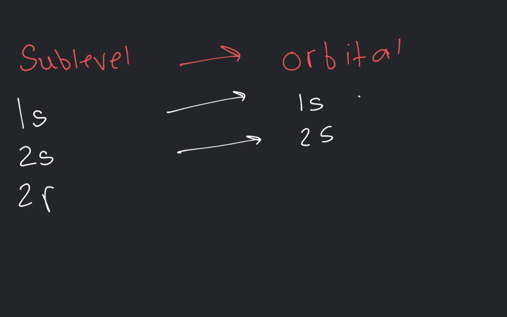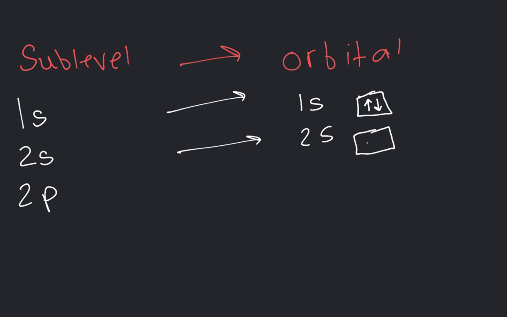When you have the 2p sublevel, you actually have 3p orbitals. So maybe better if I kind of show these with little orbital diagrams. So let's say we call these boxes the orbitals. So in the 1s orbital, you can hold 2 electrons. And let's make each arrow represent an electron.